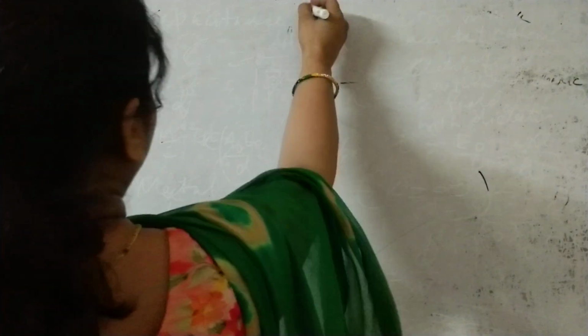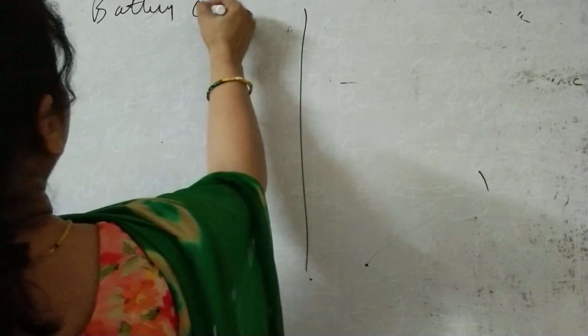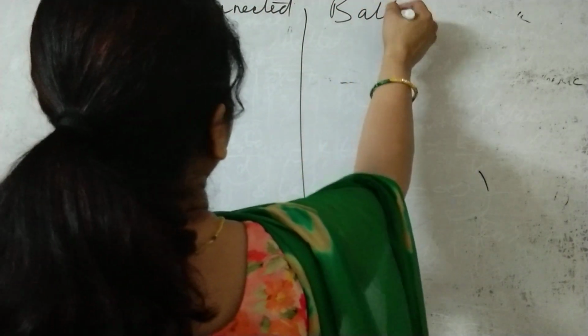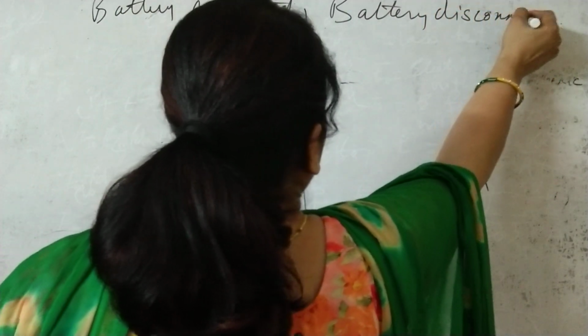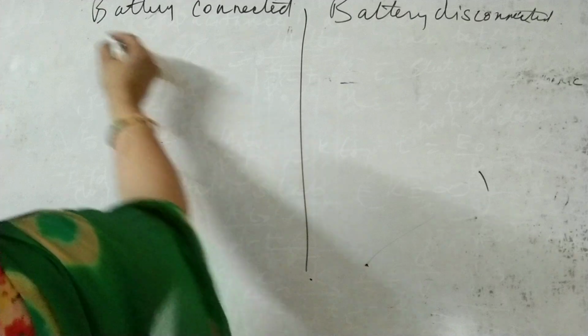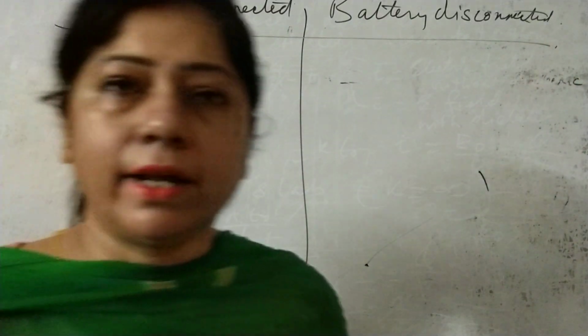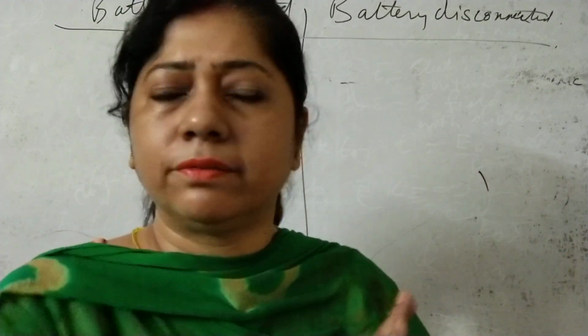First, there will be two cases: battery connected and battery disconnected. Suppose you have taken a capacitor. Whether you connect it to the battery or disconnect it, the capacitance will not change.